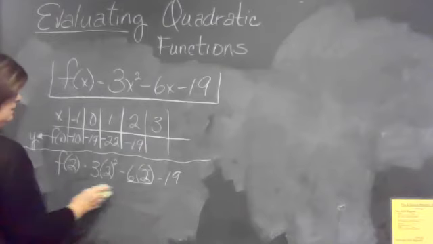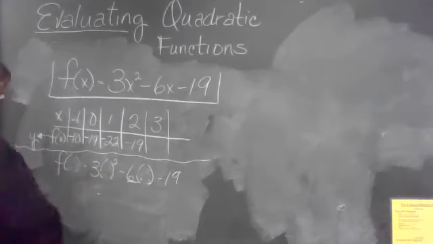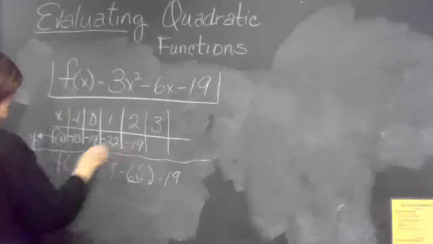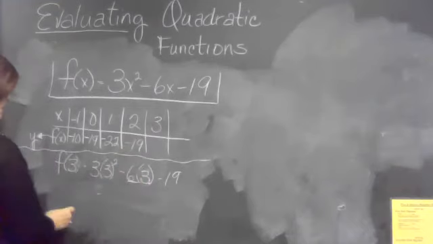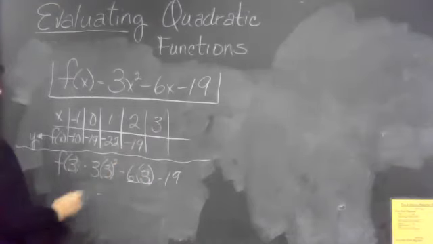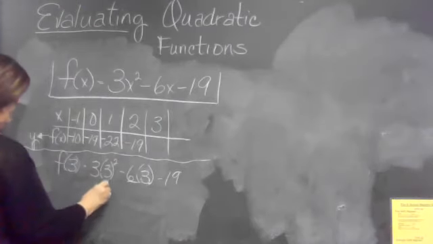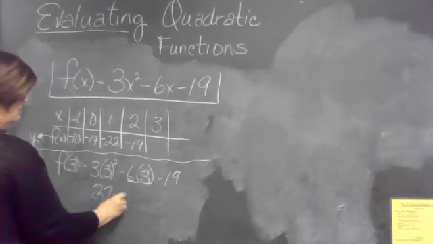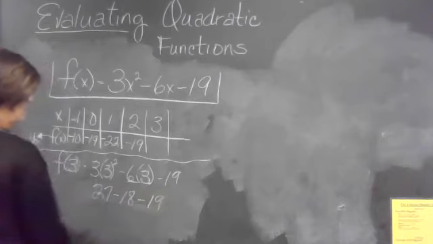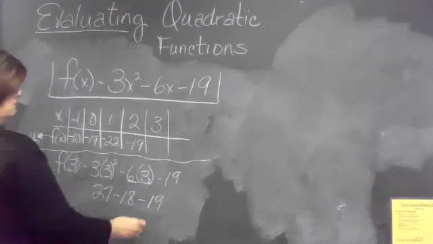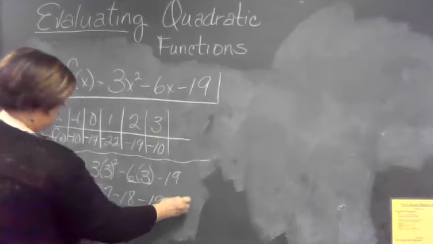And one last time, we're going to put a 3 in here. X equals 3. And now we have 3 squared is 9 times 3, 27, minus 18, minus 19 is a negative 10.